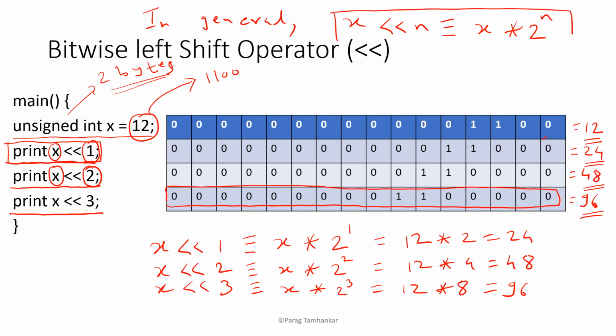This is what you should remember, because you will be given any value of x. So x left shift by n positions is equivalent to multiplying x by 2 to the power n, and that is what is happening over here, as you can see. I hope you have understood this left shift operator.